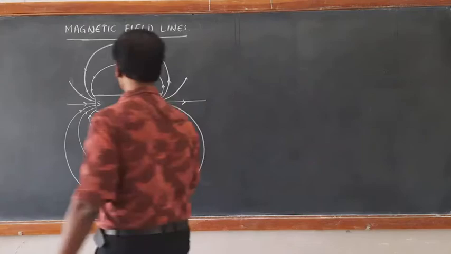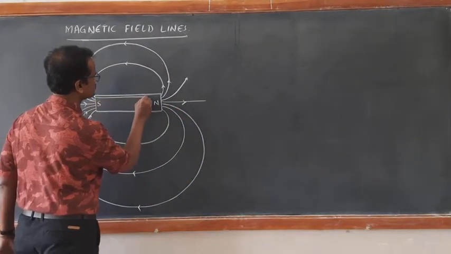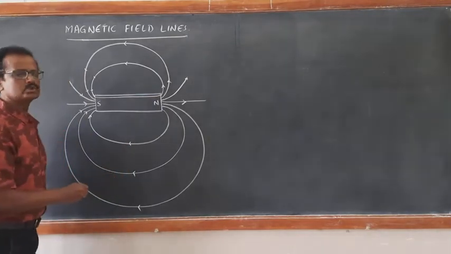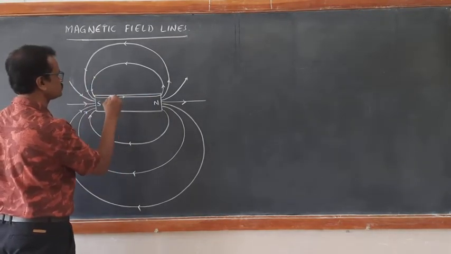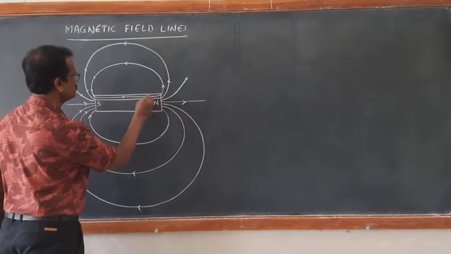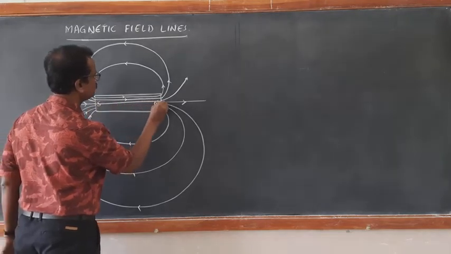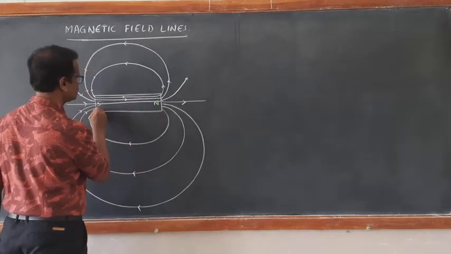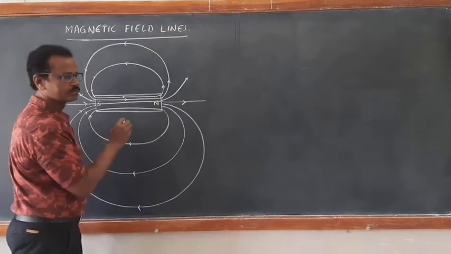But inside the magnet, if you complete this, they form closed loops. Inside the magnet, it continues from south to north. It's very interesting. Thus, we get the field lines drawn inside the magnet like this. So, magnetic field lines form closed loops.